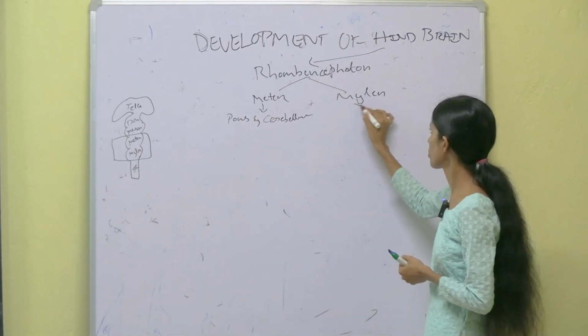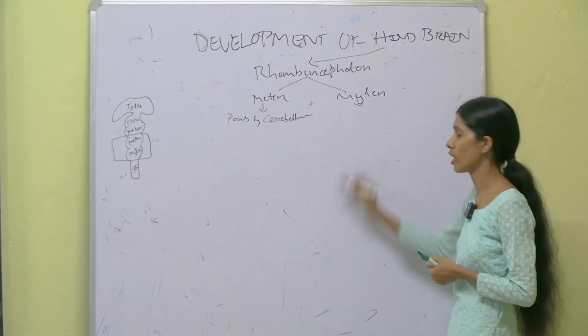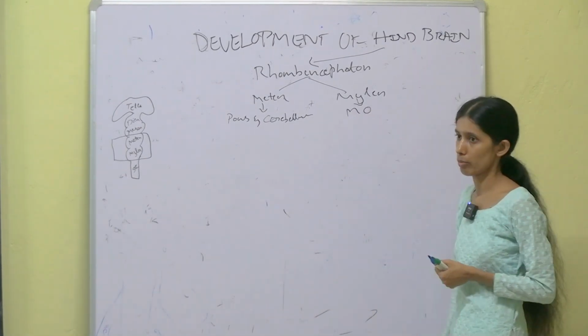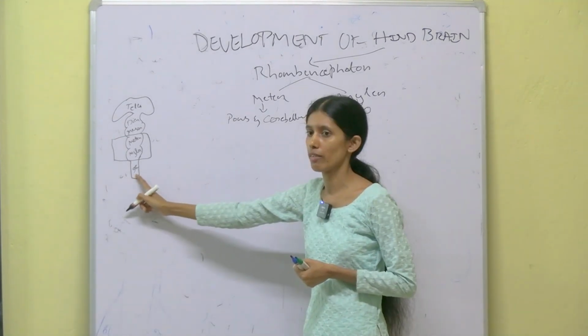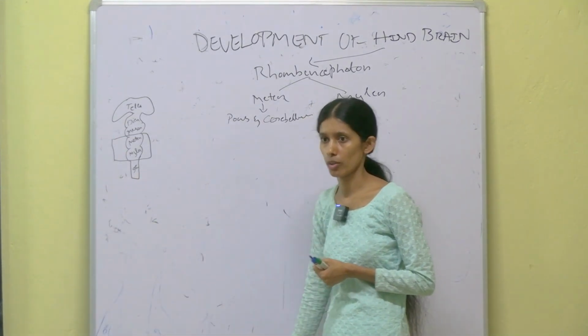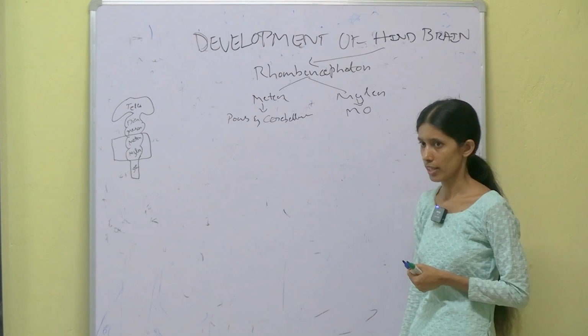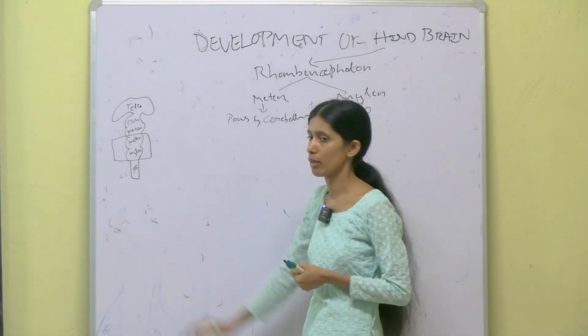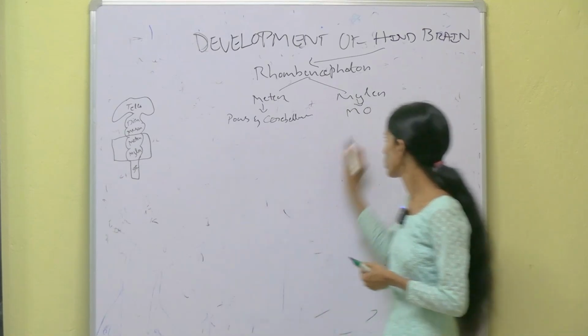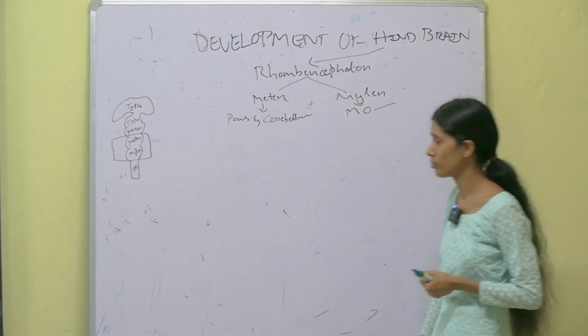Your myelencephalon will give rise to your medulla oblongata part. So the development of medulla oblongata is very similar to the development of your spinal cord. Any doubts? We'll start with the development of your medulla oblongata.